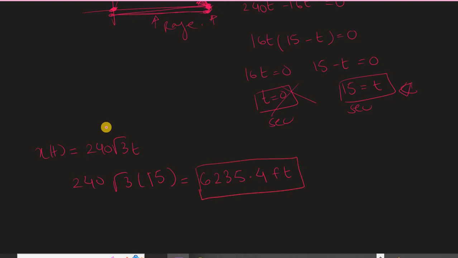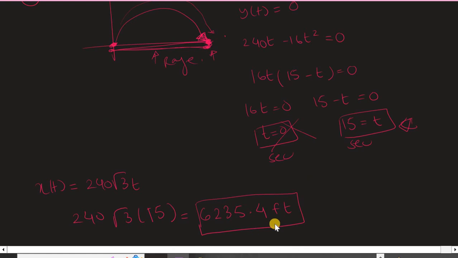Okay, so this is the range. So we've calculated part C.